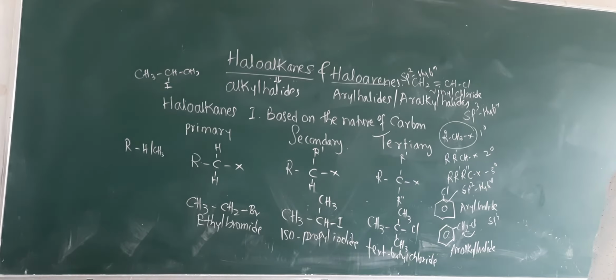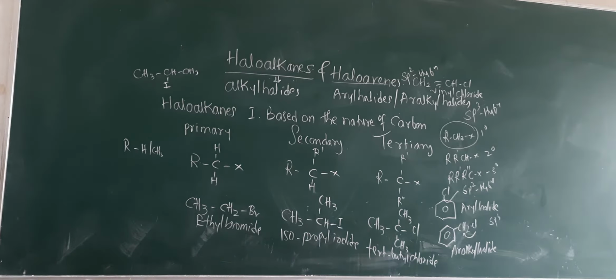Whereas secondary haloalkanes should have the general formula R-CHX. CH2X is the primary, CHX is the secondary. For example, CH3CHICH3 is an example for secondary haloalkane. Its name is isopropyl iodide.